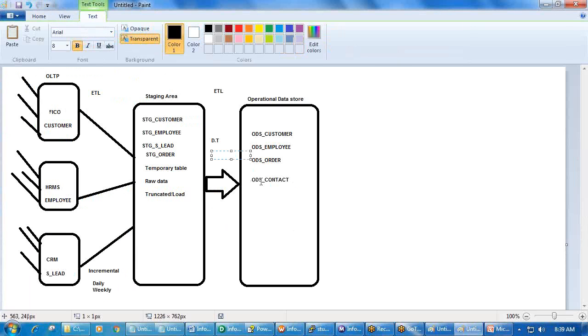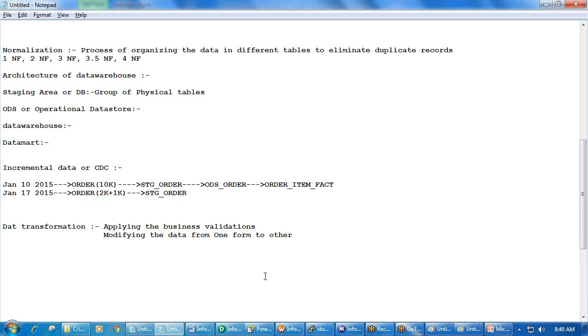And another type of technique which we also follow is called DC. DC stands for data cleansing. Data cleansing is the process of cleaning the data, or the process of removing errors, duplicates, all this information.